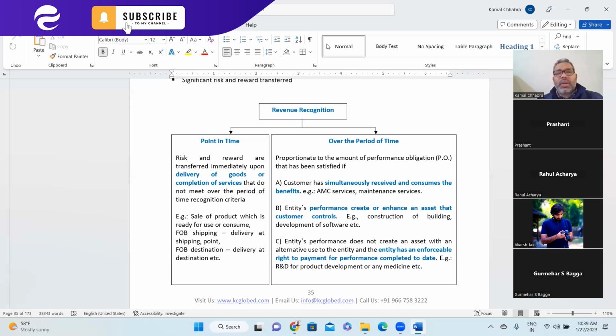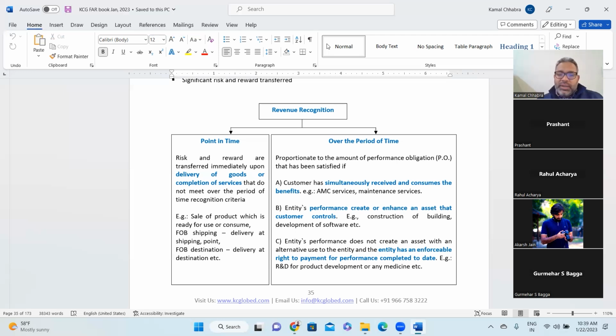So when can you recognize the revenue over a period of time? First, when the consumer is receiving and consuming the benefit simultaneously over the period of time. Second, when you are creating or enhancing an asset that the customer controls. Third, when the entity's performance does not create an asset with an alternative use.